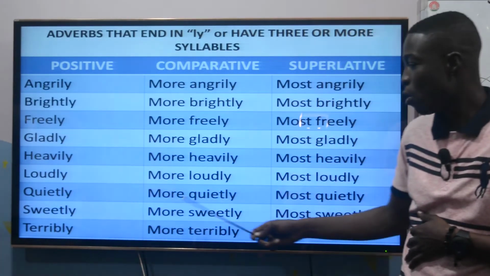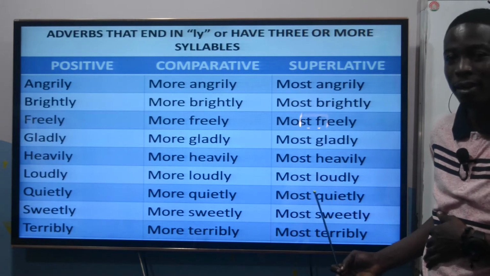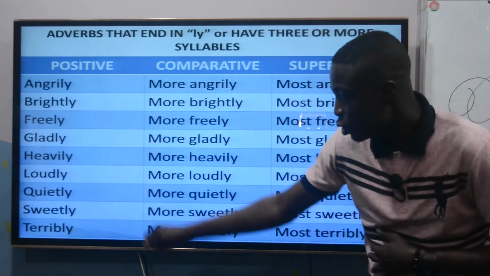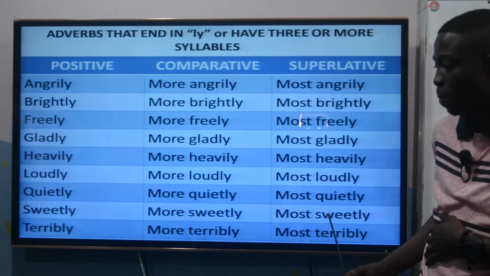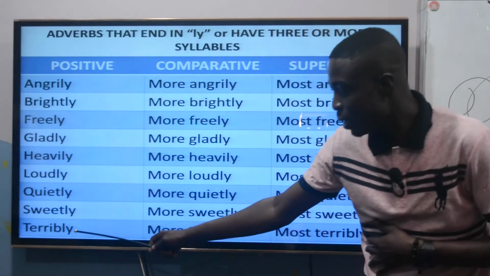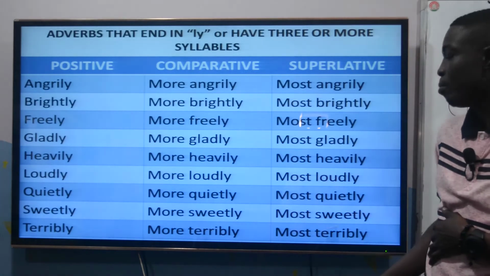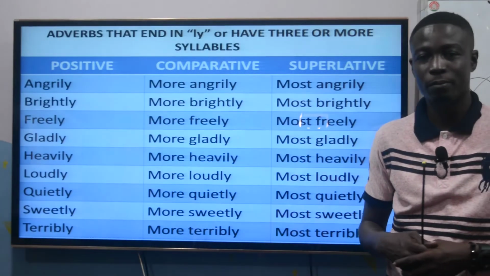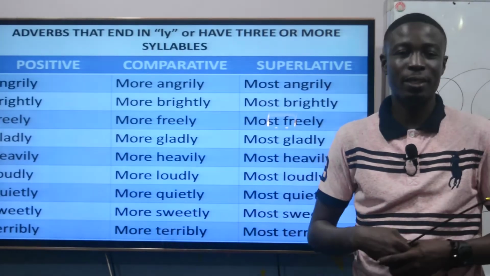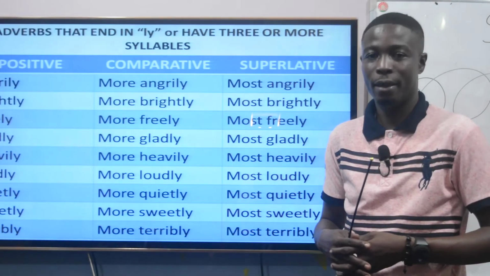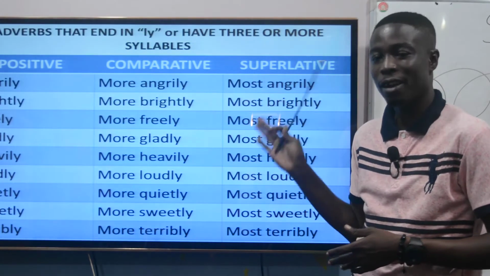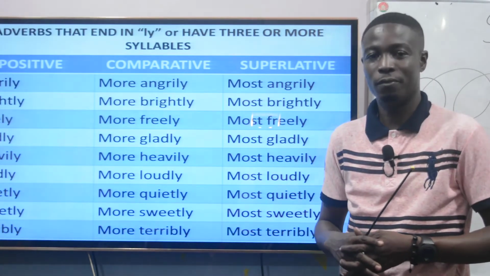Quietly, more quietly, most quietly. Sweetly, more sweetly, most sweetly. Terribly, more terribly, most terribly. This is just a few of the words that end with ly, with their comparative and superlative.